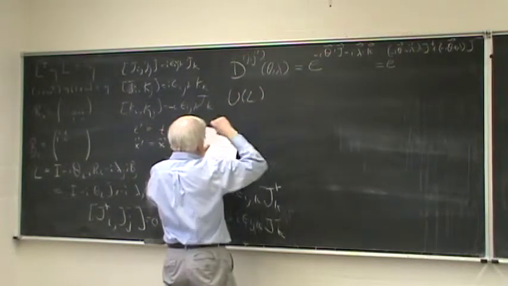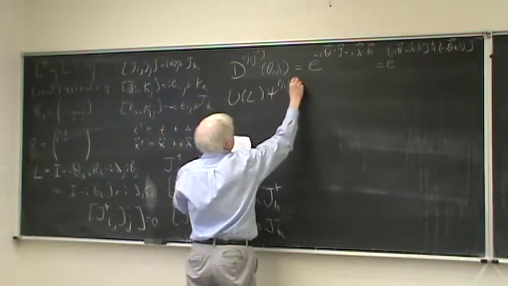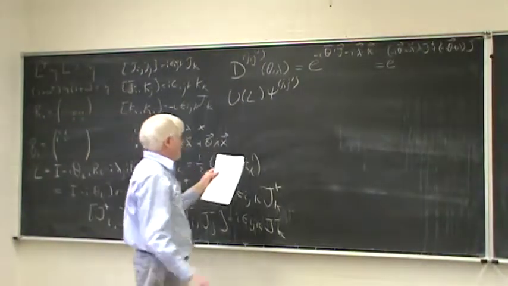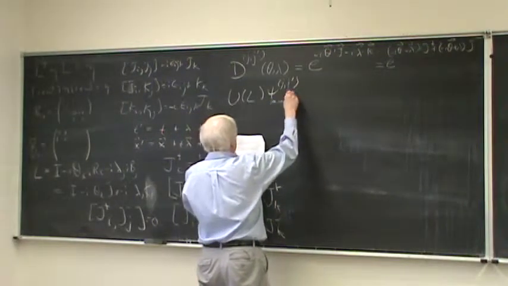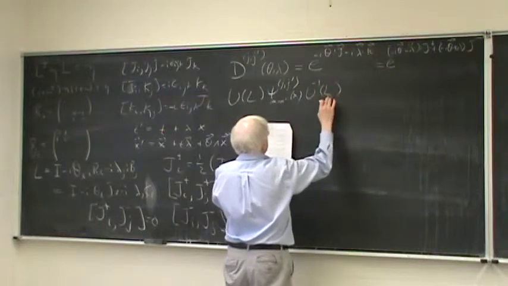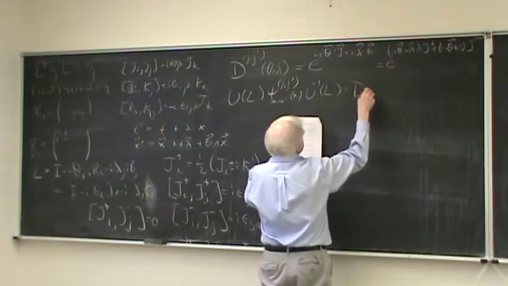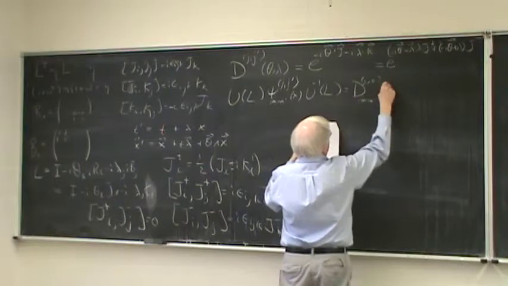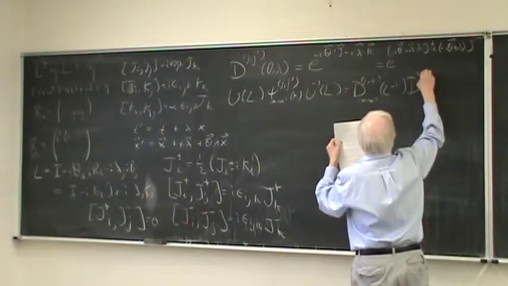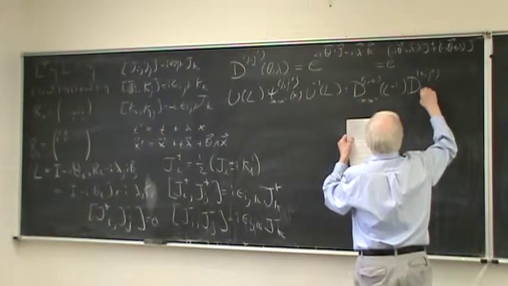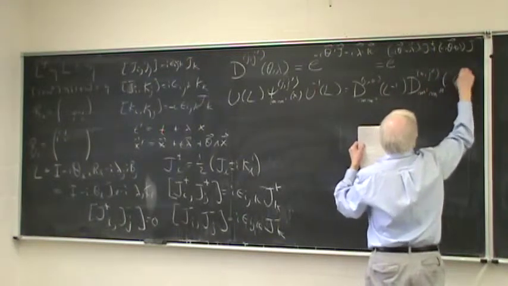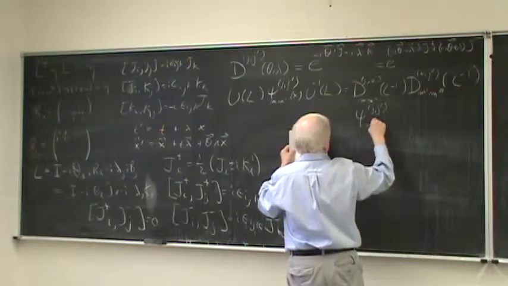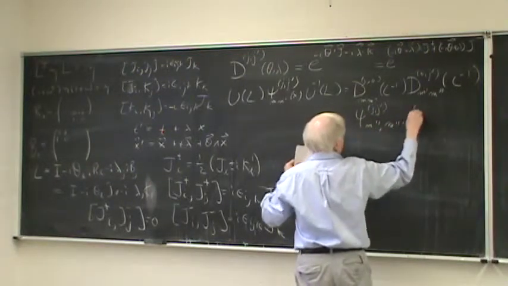Under a Lorentz transformation, we have a general field of two spins, j and j prime, and the transformation is D^(j,0) of L inverse times D^(0,j') of L inverse times psi of Lx.